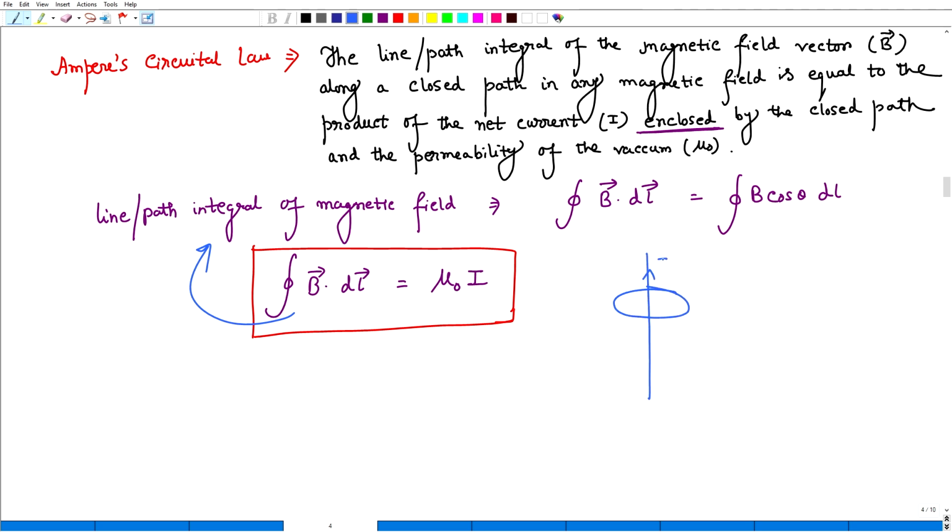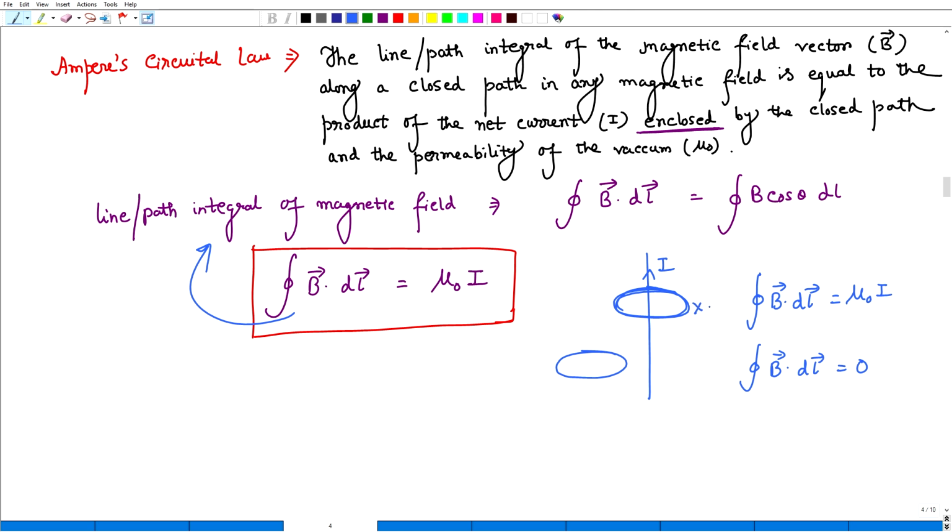Consider this is an electrical wire. I is the current flowing through this electrical wire, and we are considering any loop around this wire. So then Ampere's law is B dot dl equals mu naught I. Now let us say if we consider any loop which does not enclose that wire, then essentially that will be 0.